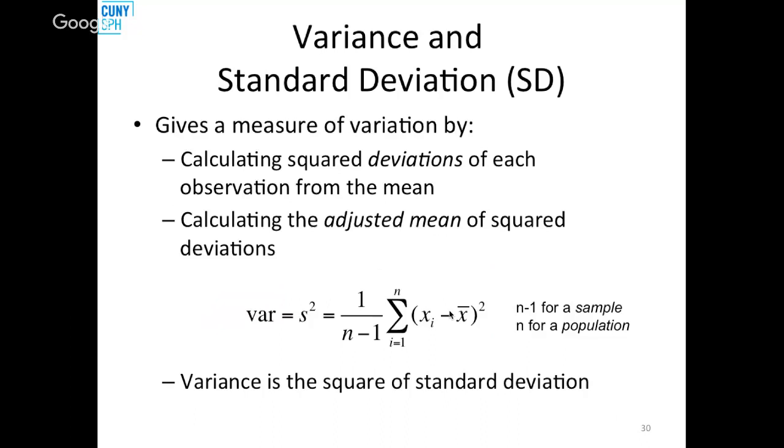If our data come from a sample, that's how we do it. If for some instance we actually had the entire population, or if this mean were just estimated from the population or known from the population, then it would just be divided by n.